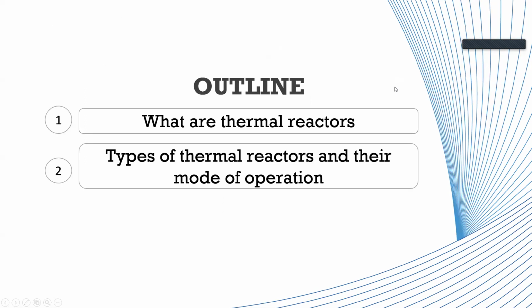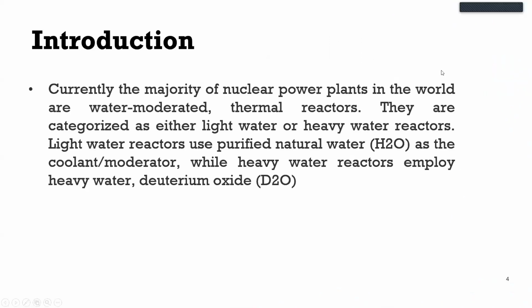So we'll see what a thermal reactor is and some of the types of thermal reactors and their mode of operation. Currently, the majority of nuclear power plants in the world are water moderated, in other words, you can say they are thermal reactors.